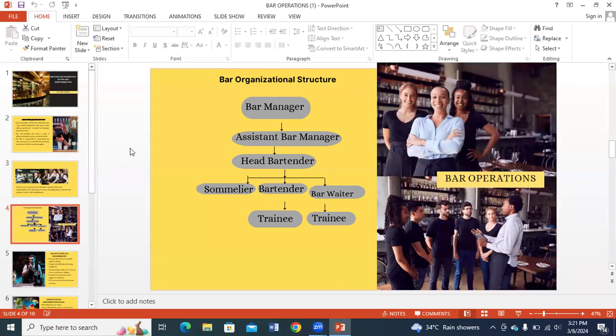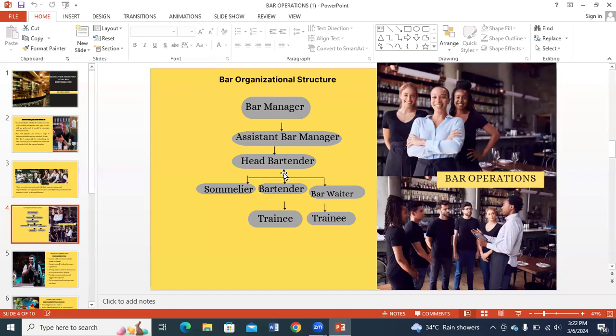As seen on the organization structure, we have the bar manager as the topmost operator, and under him or her we have the assistant bar manager, followed by the head bartender, who also takes care of the sommelier, the bartender, and the bar waiter.